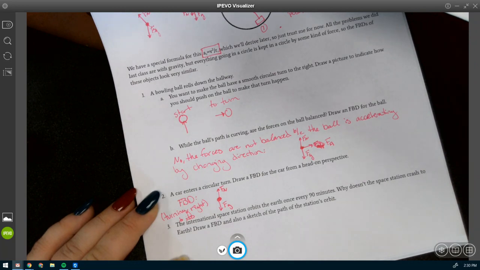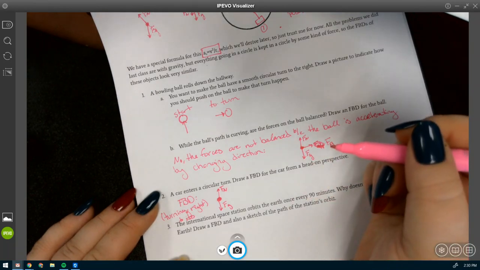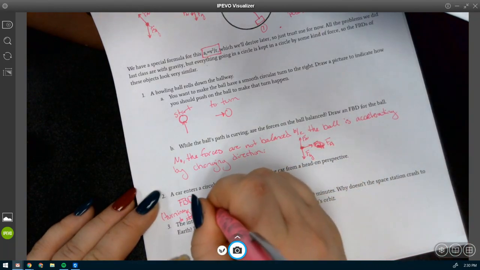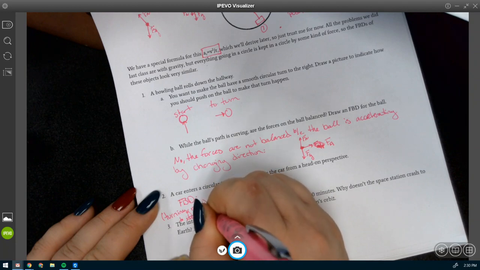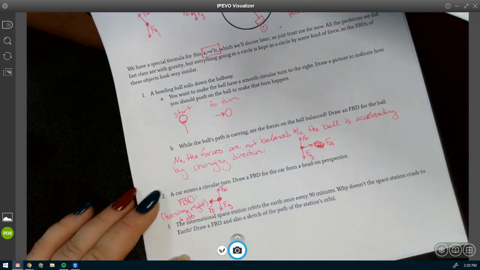And so in order to keep it going in a circle rather than skidding right towards you, it's the friction that's keeping it in that circle. And so that means that it has to have a force here that is the force of friction.